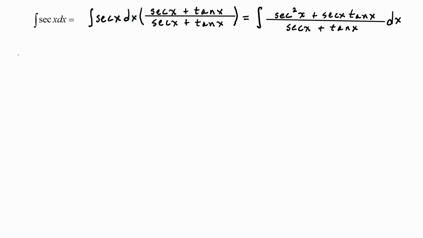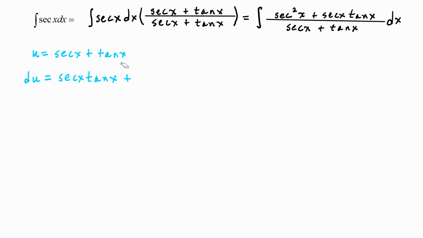Now, let's let u equal this denominator, secant of x plus tangent of x. Then du is going to equal, we know the derivative of secant x is secant x tangent x. Bring down the plus sign.